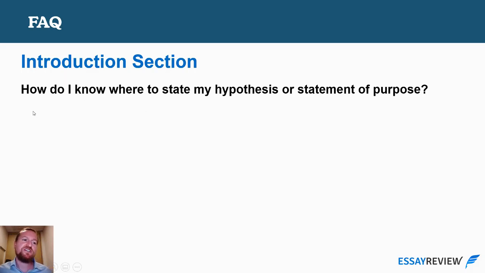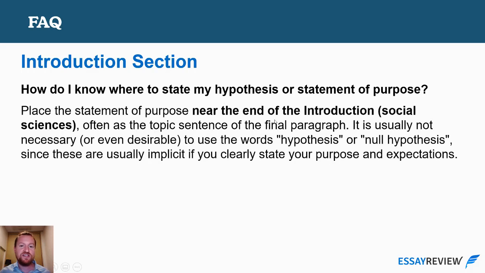So regarding introduction, basic question you might have: how do I know where to state my hypothesis or statement of purpose? As I mentioned, there are some rules, right? In social sciences, you want to place this near the end of the introduction, near the topic sentence of the last paragraph. That's not a hard and fast rule.